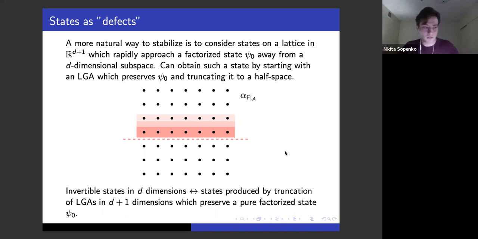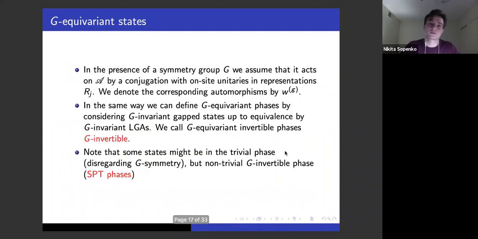So this is just one way to stabilize all that. That seems natural. And it will be useful, as you'll see in the definition of some invariants of such phases. And of course, we can consider a G-equivariant version of all that.